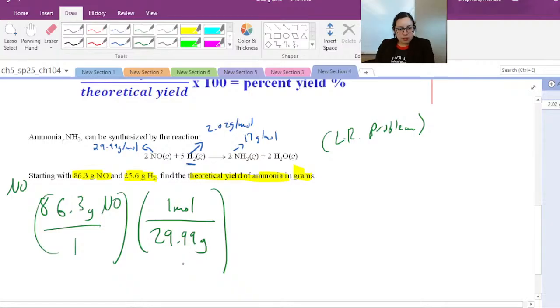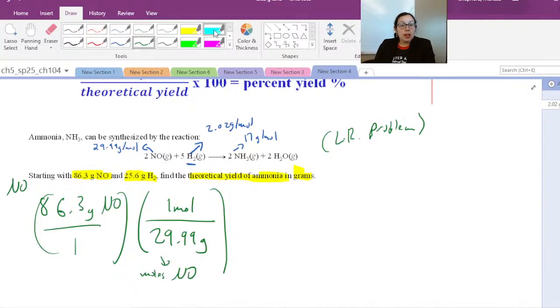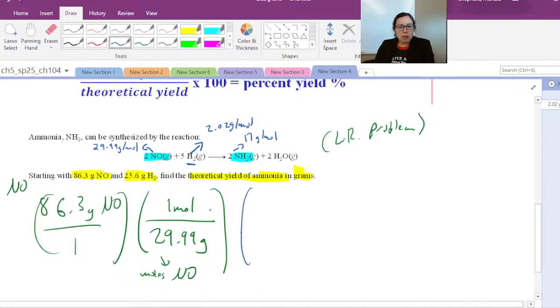All right, so that gives us moles of NO. Then for this one, I would compare our NO and ammonia ratios. It's the easiest, because we want to see how much product. They're in a 1-to-1 ratio. I'll just be explicit and write 2 NO is equal to 2 ammonia.